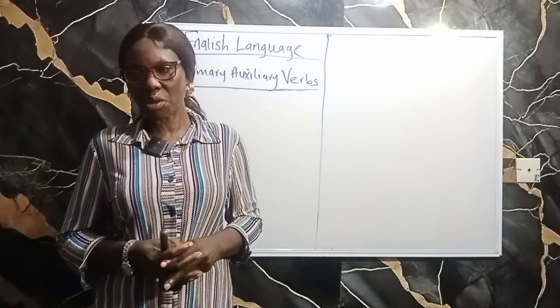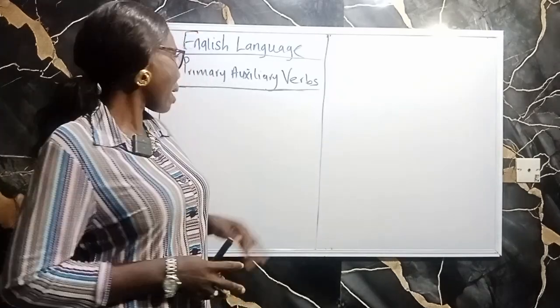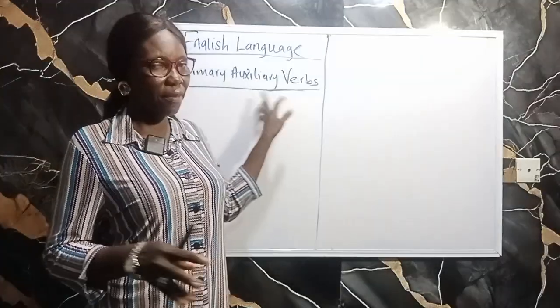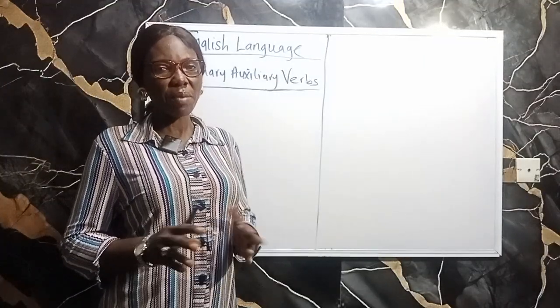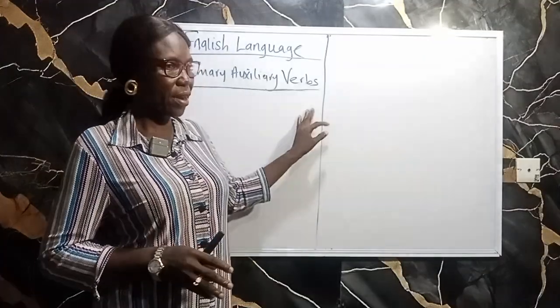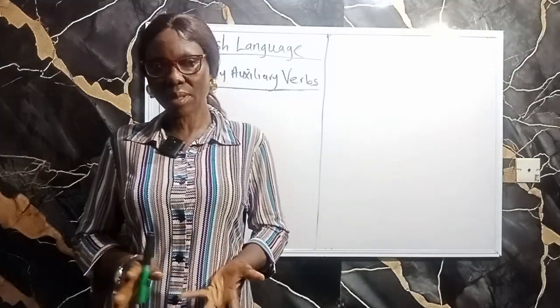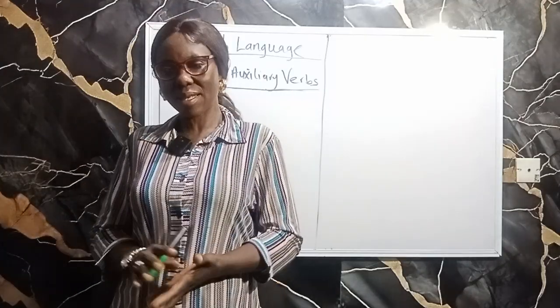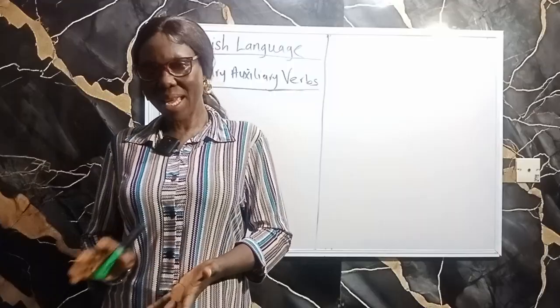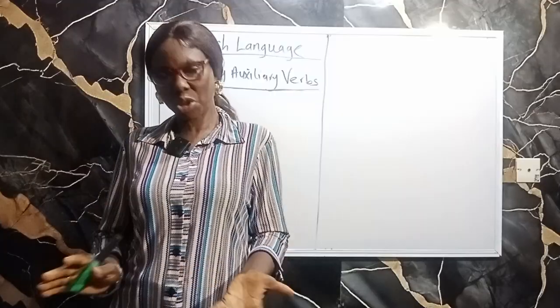So, like I told you, today we are looking at primary auxiliary verbs. Now, what do we mean by primary auxiliary verbs? They are the group of verbs that are used with the main verbs to form different tenses. What do we mean by tenses? Time of actions.